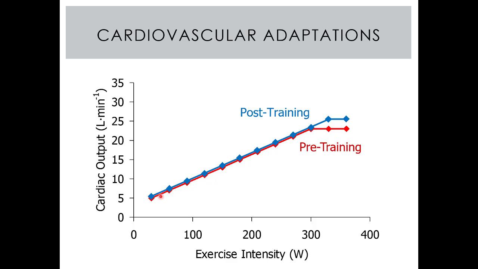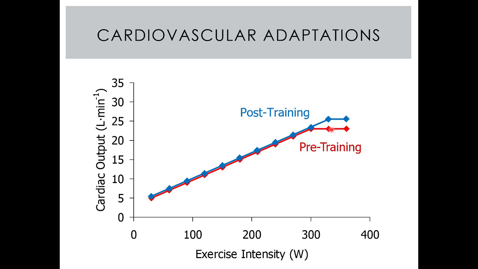So what about maximal cardiac output as you see here, which again represents the maximal rate of oxygenated blood flow from the heart per minute? As you see here and introduced earlier, maximal cardiac output increases with training. So what is a major contributor to this increase? Remember, maximal heart rate does not change with training, but maximal stroke volume increases with training.